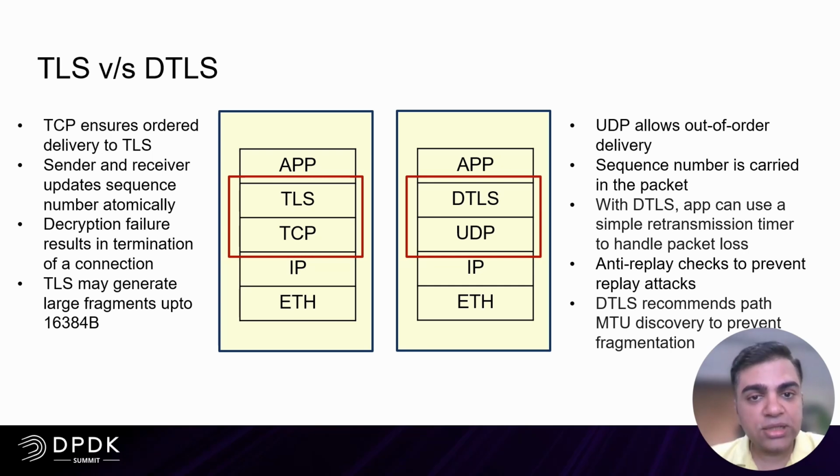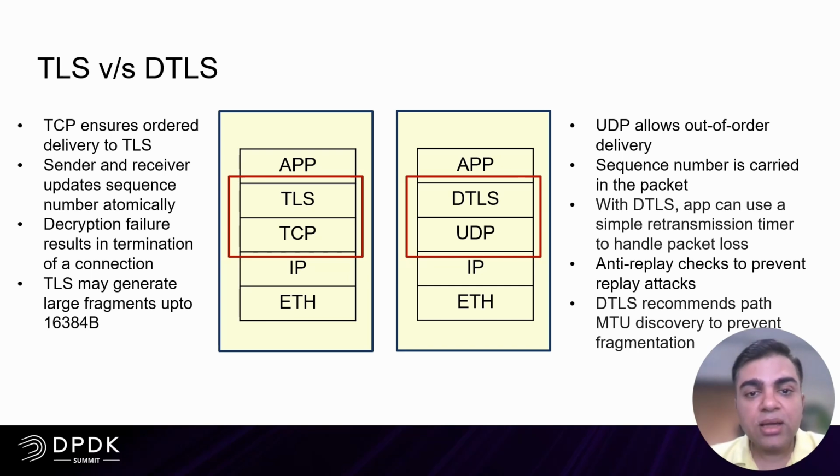As TLS is based on TCP, it ensures ordered packet delivery, while in case of DTLS, out-of-order delivery is allowed. An explicit sequence number is added in the DTLS header to help the application handle the out-of-order packets, while in case of TLS, sender and receiver update an implicit sequence number in the session atomically.